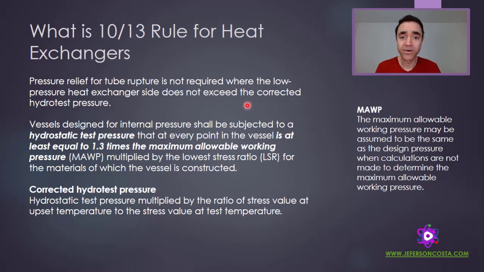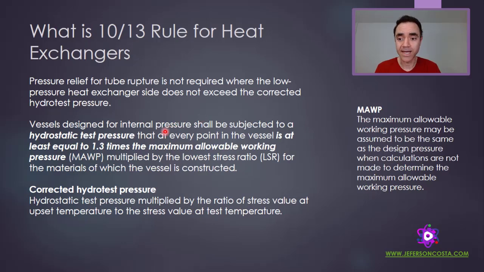I can avoid having this PSV if I guarantee that the pressure will not exceed the corrected hydrotest pressure. And the hydrotest pressure is defined by the code of fabrication of the equipment. In this case, we are talking about ASME.